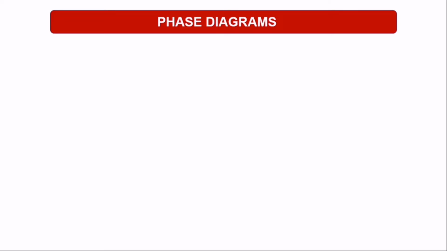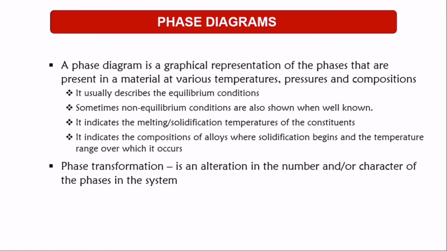So now, when we talk about a phase diagram, what is it? It is a graphical representation of the phases that are present in a material at various temperature, pressure, and composition. It usually describes the equilibrium condition, as we heard in the first lecture, and sometimes the non-equilibrium condition as well.